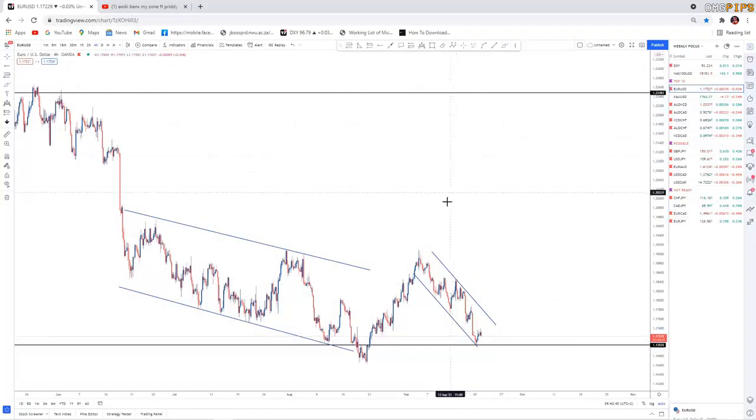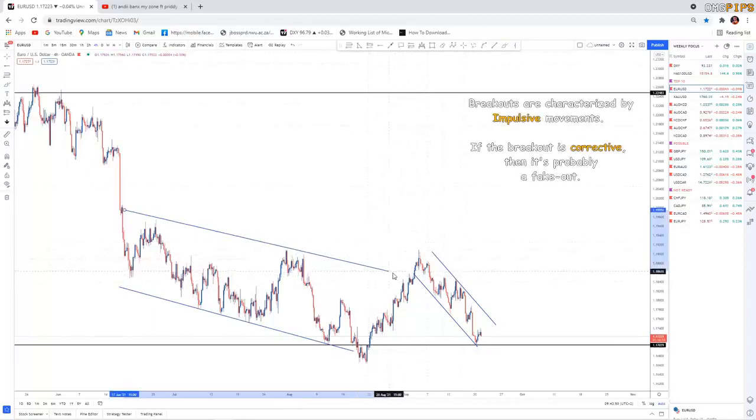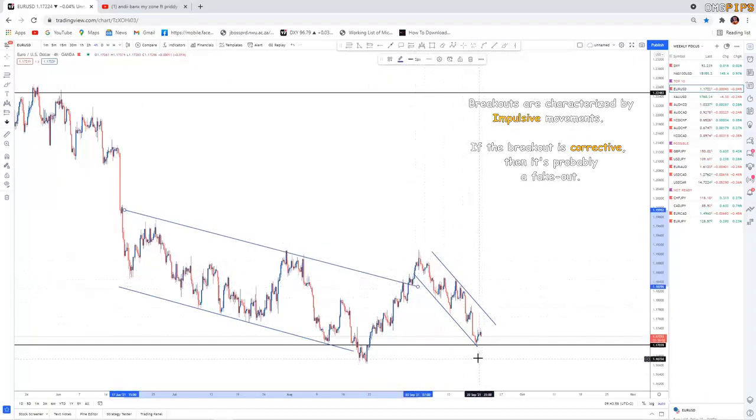But to make sure that our analysis is accurate, let's look at how the market has been. So this has been a descending structure. It went down and then it broke out shortly above, but if you look at the breakout, it was not impulsive. That's why the market got enough power to come back even after this breakout to break in again, right?